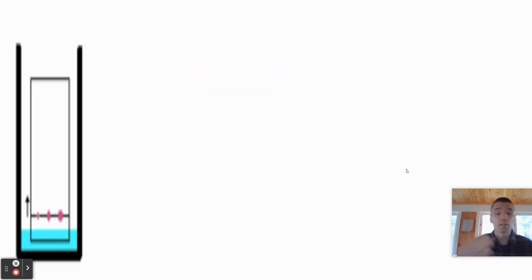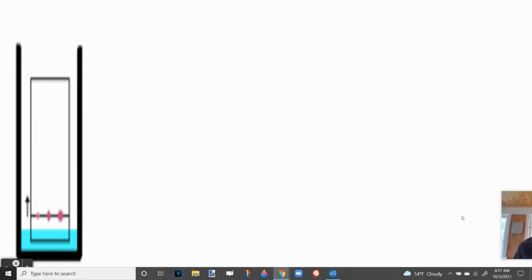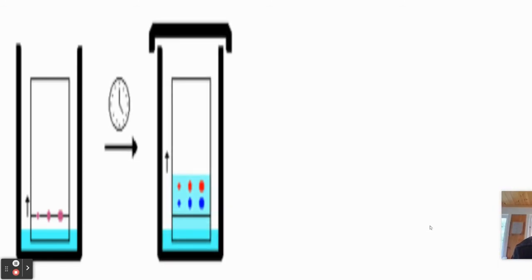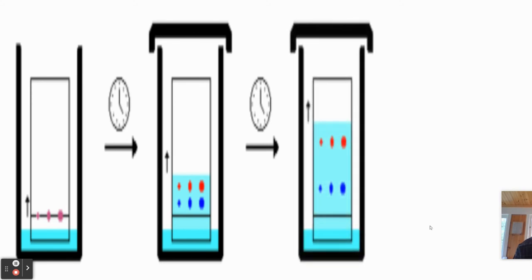So this is what it looks like in chromatography. You've got a little beaker and you put your sample in and you wait some time, and the mobile phase goes up and it carries the solvent, no, the sample, sorry. And as you can notice, some of these compounds are slowly separating.